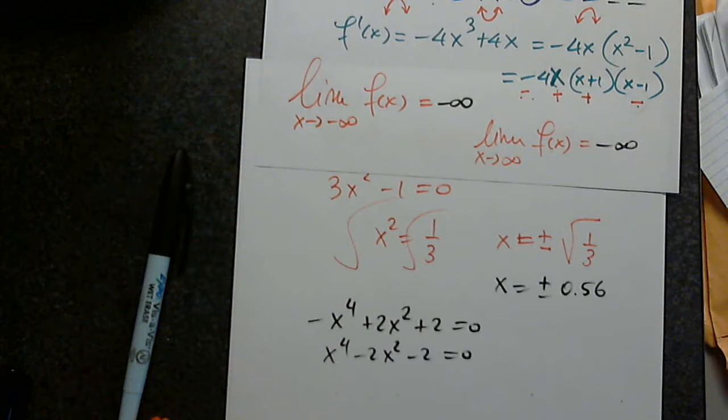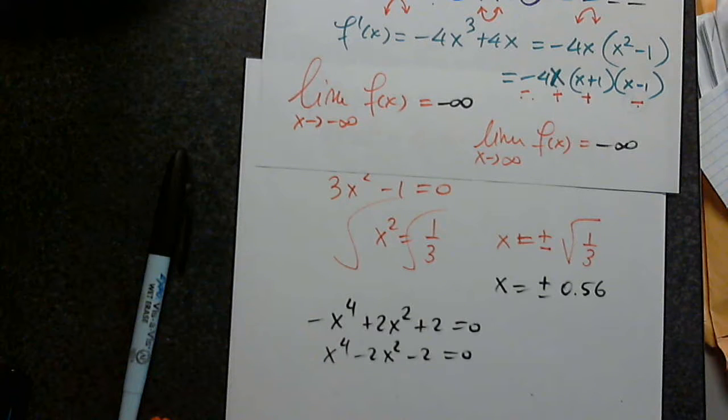And I only want to determine the zeros. So I'm going to use Zoom 6 and then go to second and calc. I want the zeros, number 2. For the left bound, I'm going to put negative 3.